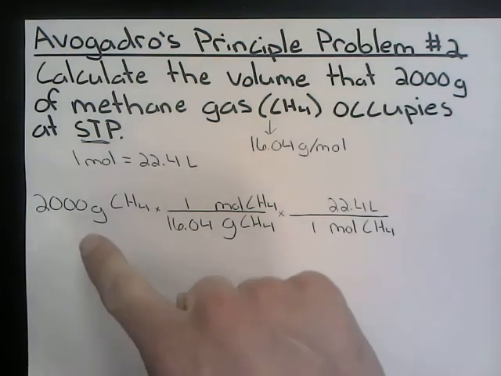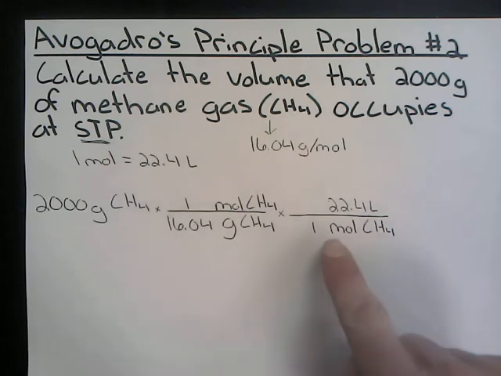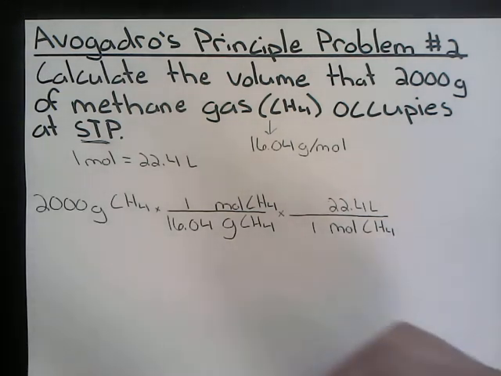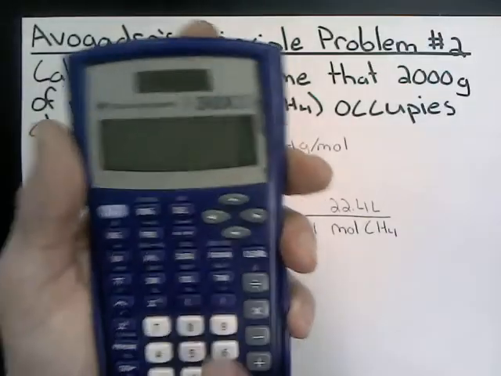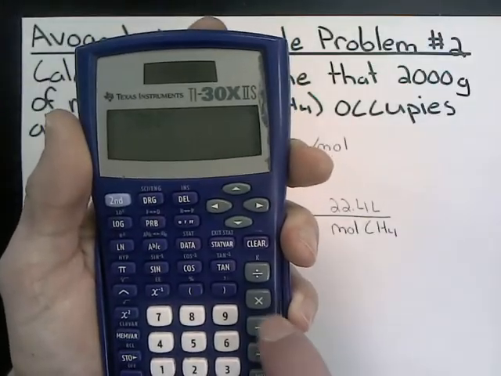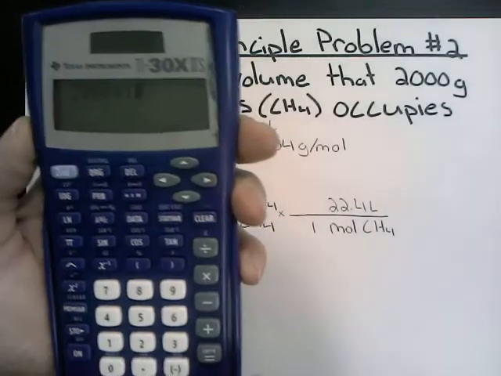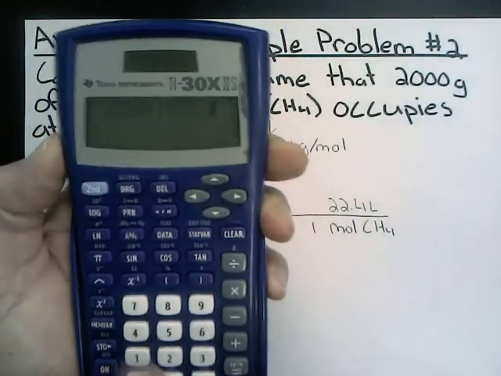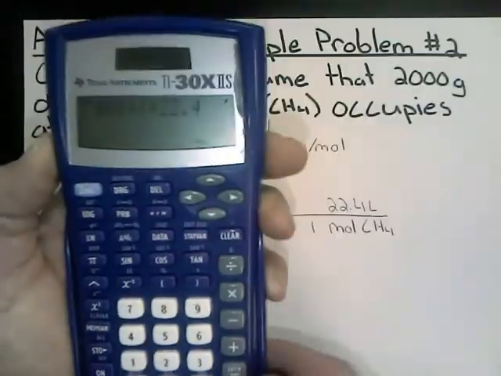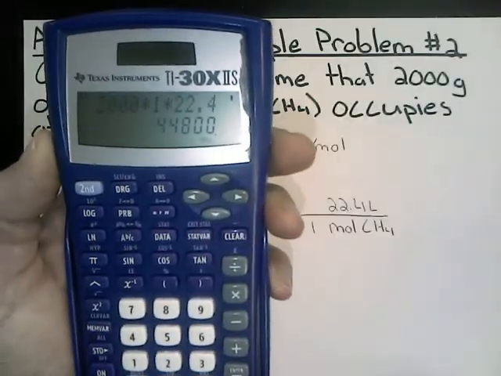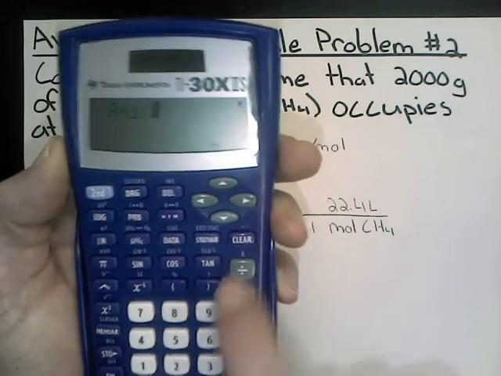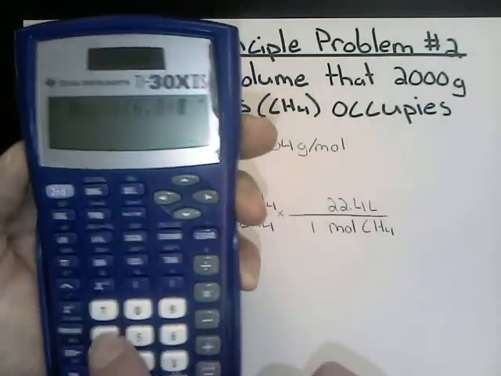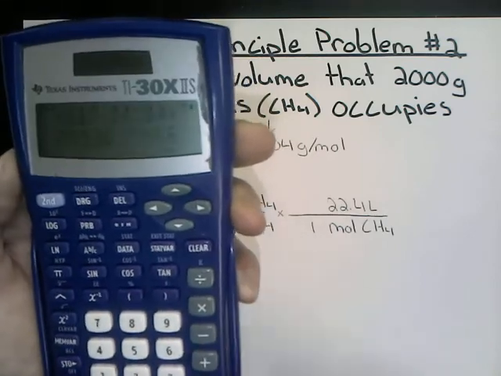We're going to calculate the top, 2,000 times 1 times 22.4, and then we're going to divide it by the bottom, 16.04 times 1. So 2,000 times our 1 times 22.4 gets us a value of 44,800. We divide that by everything on bottom, so 16.04 times 1.